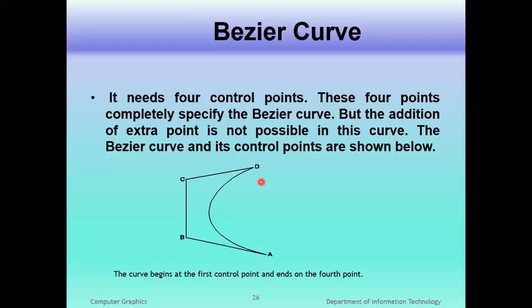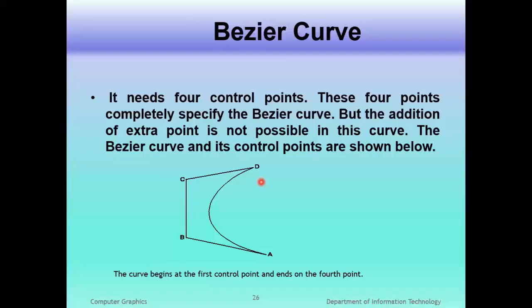These x4, x3, x2, x1 are the x values of the 4 sample points, and a is our blending function, which ranges between 0 and 1. Same for y. Y is equal to y4 a cube plus 3 y3 a square into 1 minus a, plus 3 y2 a into 1 minus a whole square, plus y1 into 1 minus a whole cube.